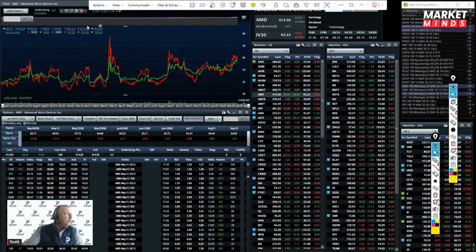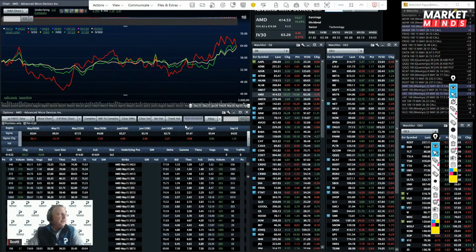And what do you see here? Because this is also going to go into the IV Crush and Vega. What do you see here as I overlap IV30 in red, IV90 in green, IV360 in yellow? Maybe it's a little easier to see in this 6-month chart.